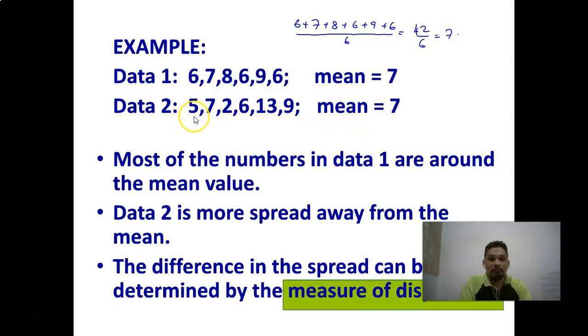And look at this one here now: 5, 7, 2, 6, 13, and 9, where the mean is also equal to 7.